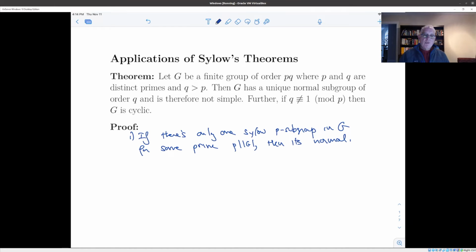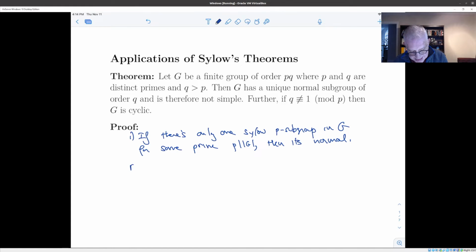If you took its conjugate and got another one, then the subgroup wouldn't be normal. But if no matter how you conjugate it, you always get the same one back, then it's normal. So if there's only one Sylow subgroup for a particular prime, that gives us a normal subgroup.